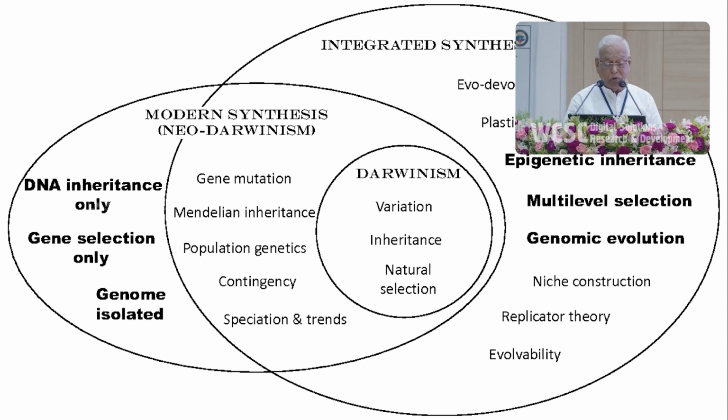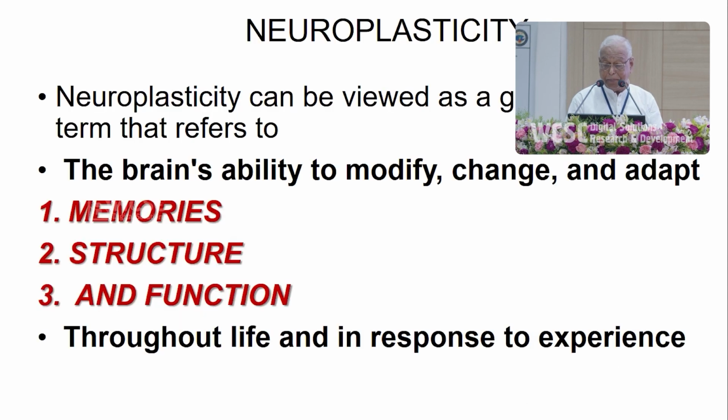First is the more genetic conditions, the second is neo-Darwinism, mainly Mendelian inheritance and Darwinism, survival of the fittest, and the last one, different theories like evo therapy, plastic accommodation and epigenetic inheritance. Like that, so many theories are there. I was more fascinated with plasticity and accommodation, that is neuroplasticity.